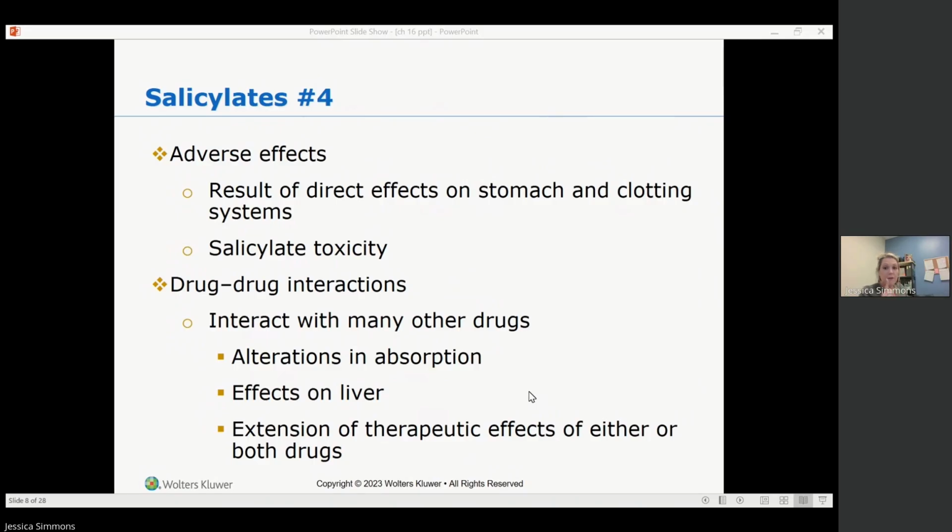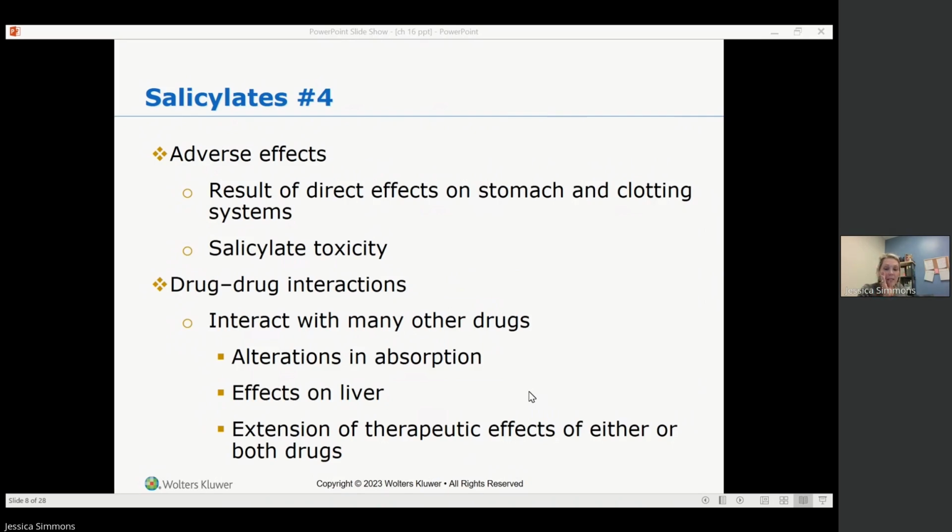But there's a difference between salicylism and acute salicylate toxicity. Now, acute salicylate toxicity may occur at doses of 20 to 25 grams in adults or 4 grams in children.